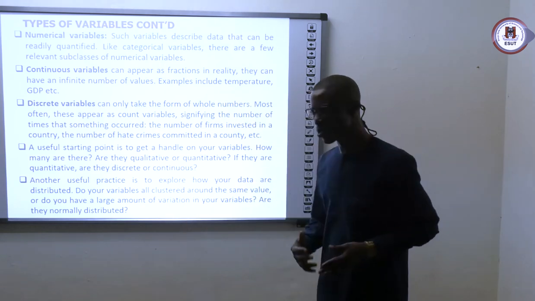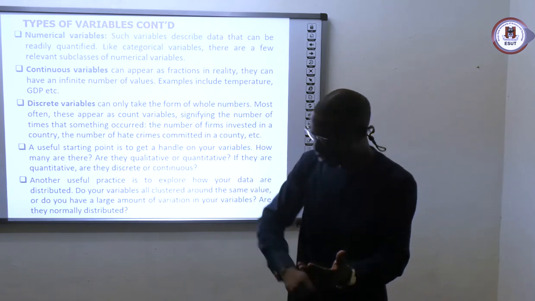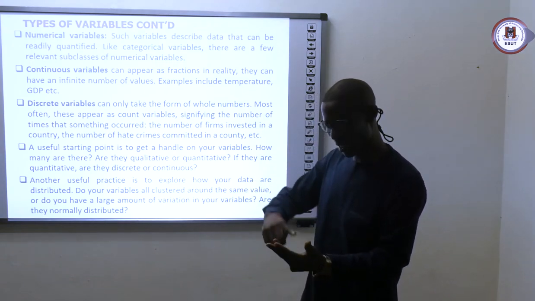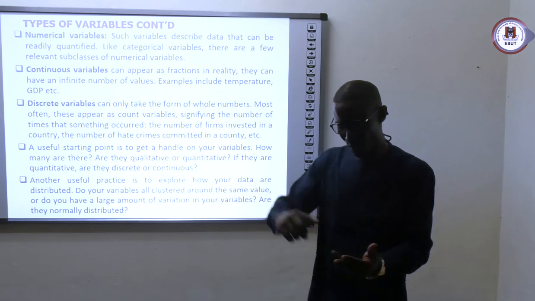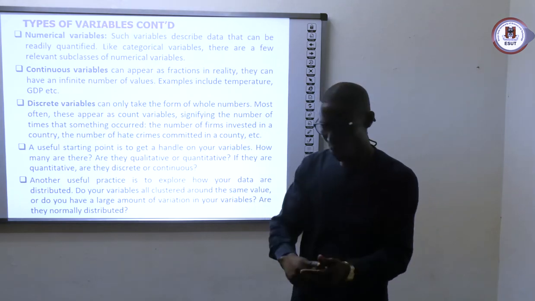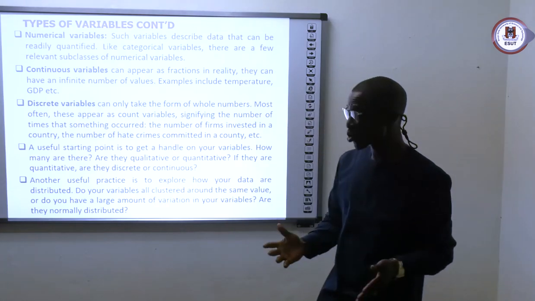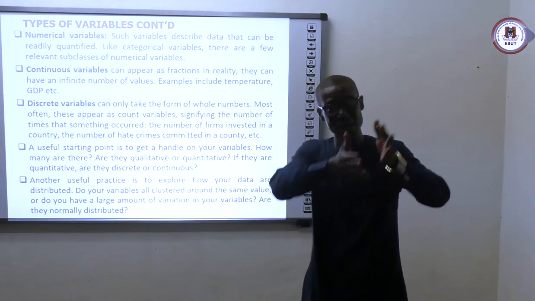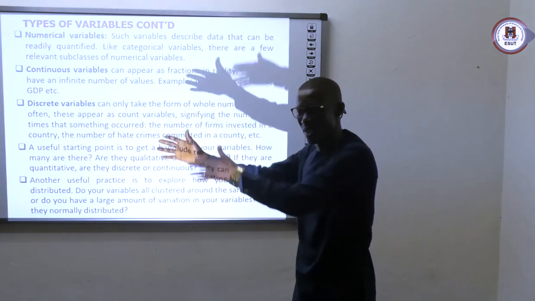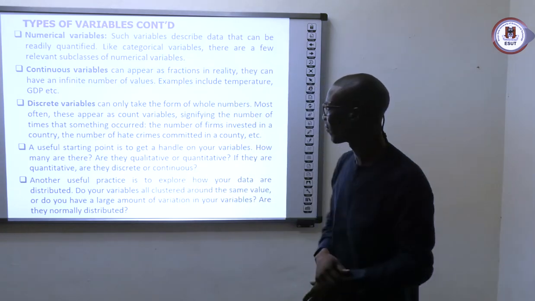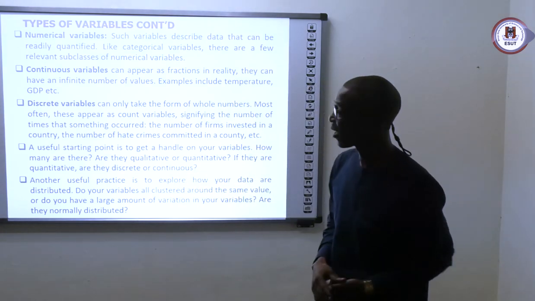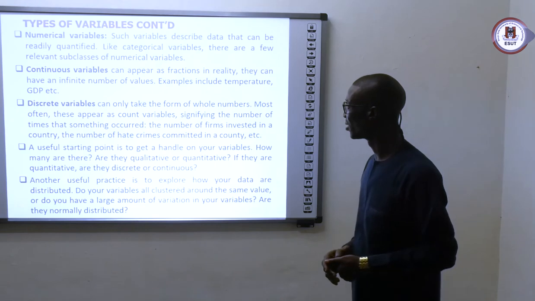In analysis, I could nominate one to be Christian and two to be Muslim. So you are ordering them. Also, you can order them A, B, C, D in order to have them in analysis. That is how the ordinal variable comes in.